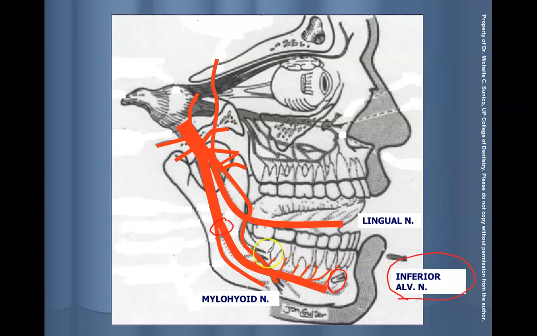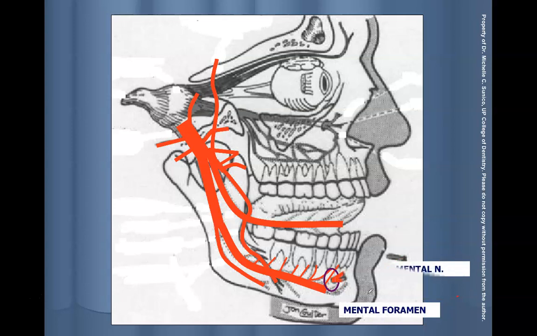And while inside the mandibular canal, several fibers from the inferior alveolar nerve will come out through the mental foramen to form another nerve, and this nerve is called the mental nerve. Okay?